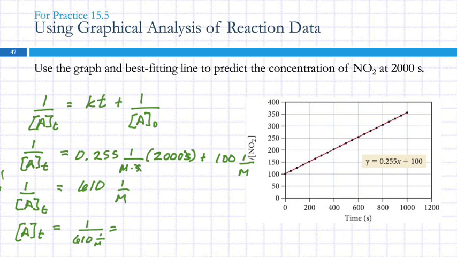So 1 divided by 610. That's too many sig figs, but it'd probably be about 3. Any questions?